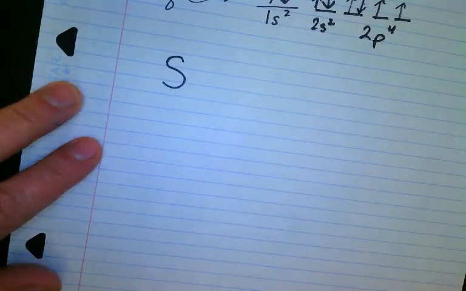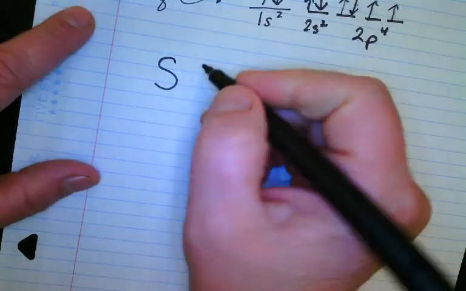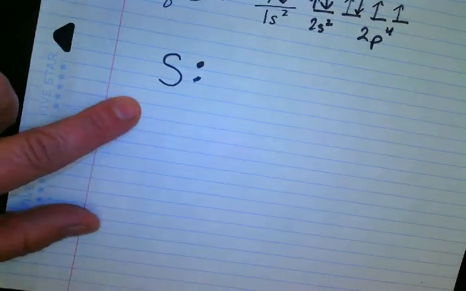Peyton. I'm going to reteach it, okay? There's enough people that aren't getting these right. So I'm going to do S. Peyton, you got to interact with me. I'm doing number 3 right here. So the first step is to write the symbol down.